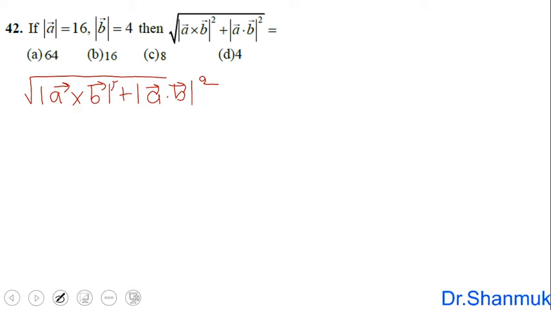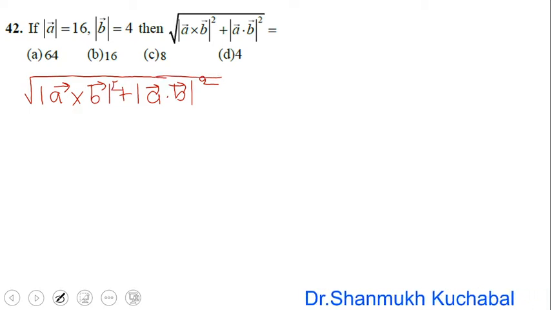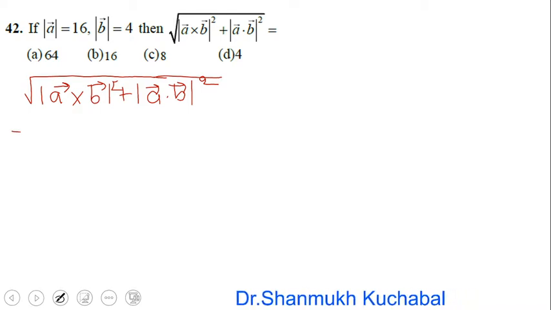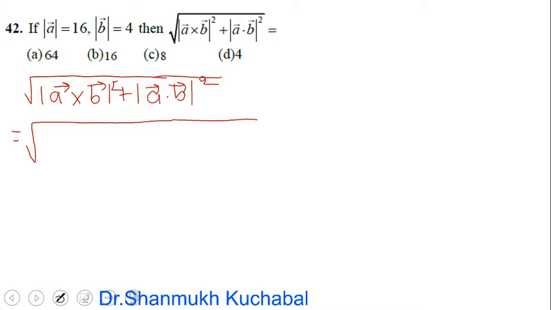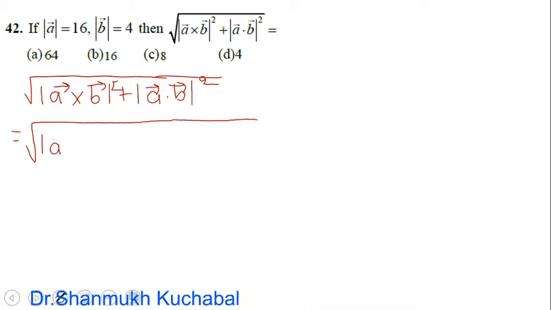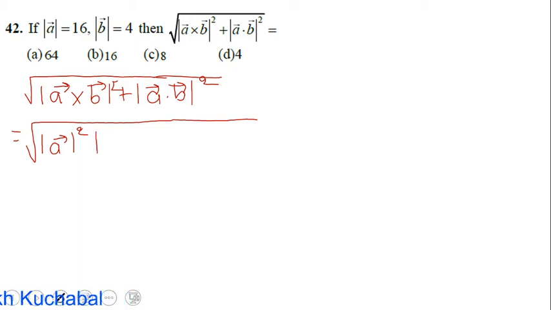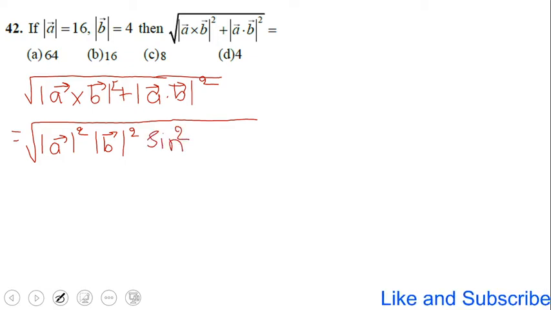So I use the cross product. It is under the square root, so it will be magnitude of vector A square, magnitude of vector B square, and for the cross product here it comes sine square theta.